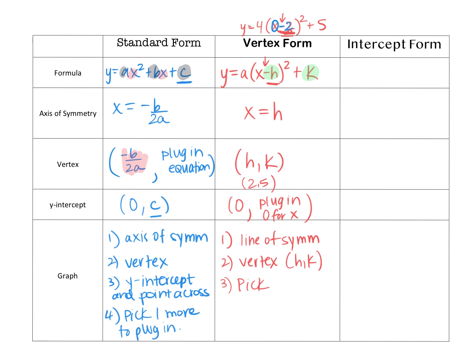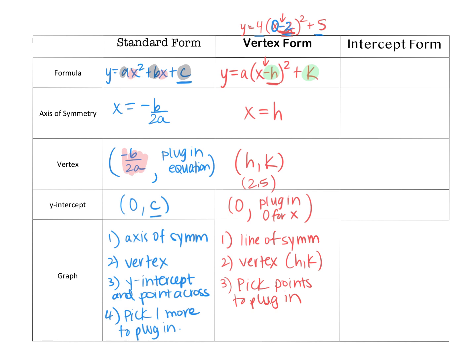Pick points to plug in to go the rest of the way. Now, another option is you could use how it transformed. So if there wasn't an a value, it might be easier. If it just went up 5 and left 2 or right 2, that might be easy to transform from the parent function. So that would be another option.